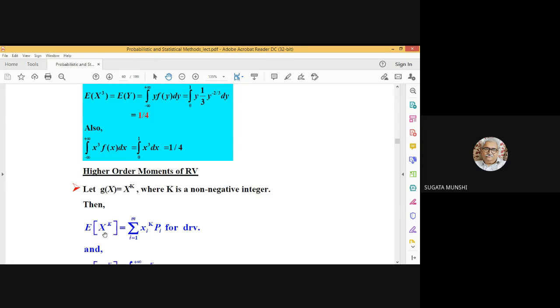So if x is a discrete random variable, abbreviated as DRV, then expectation of x to the power k, from the law of the unconscious statistician, will be summation over i equal to 1 to m of xi to the power k pi, or summation over i equal to 1 to m of xi to the power k w with argument xi.